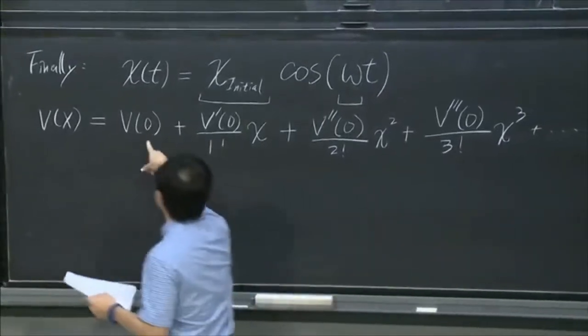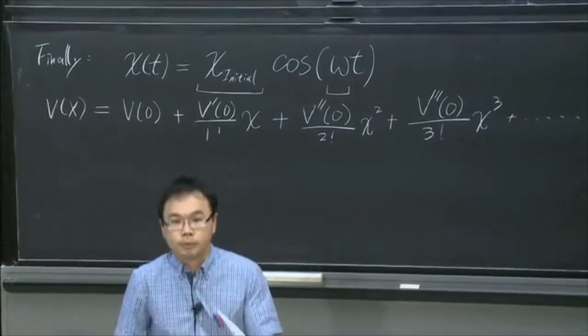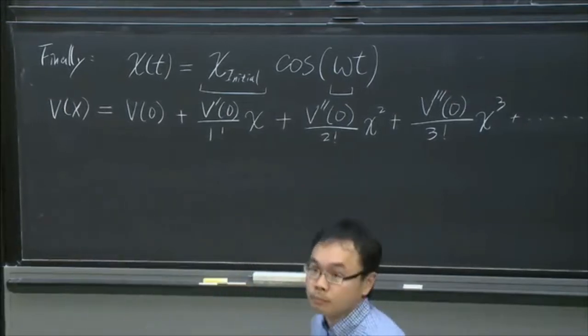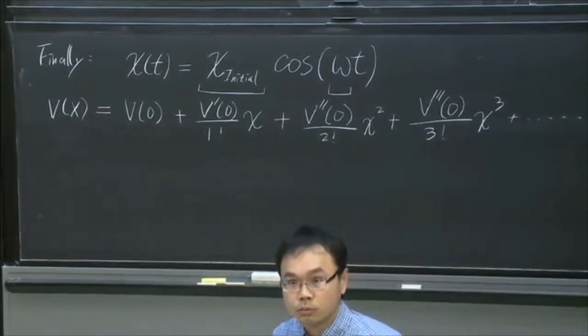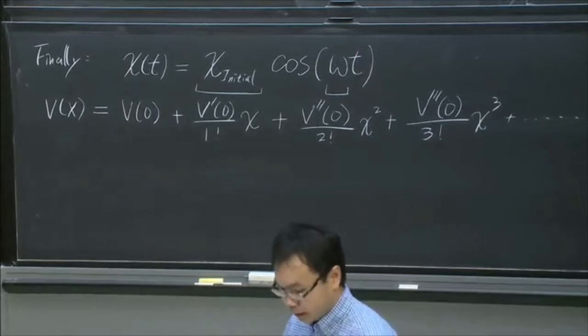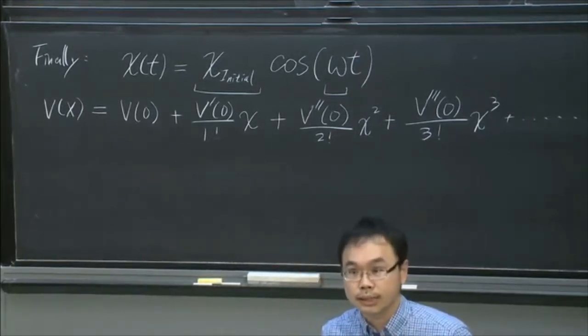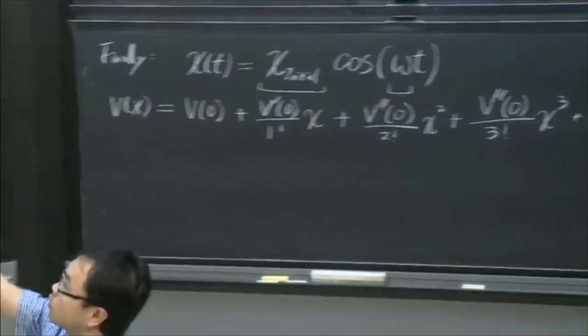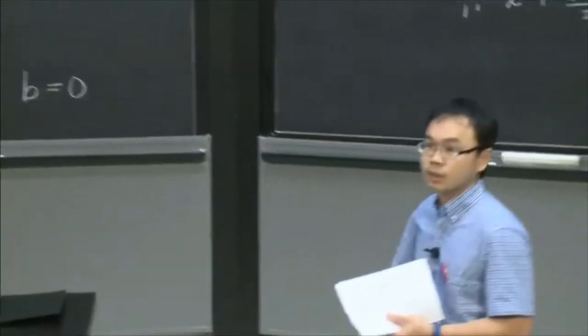And V0 is the position where you have the minimum of the potential. That is where the equilibrium position is. So in my coordinate system, it is the same coordinate system I used for solving the spring-mass question.